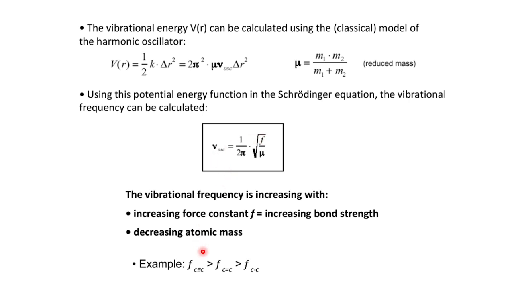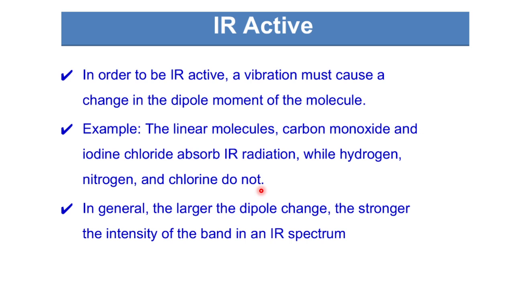For example, if this is a triple bond, f will be higher obviously, because C triple bond C has a higher bond strength compared to C double bond C or C single bond C. If you change this carbon with nitrogen, then also the peak changes, because mu will change. So either the mass of the atom or the strength of the particular bond, these are primarily the two parameters that will control the vibration frequency of any bond, and from there you will get different peak positions.